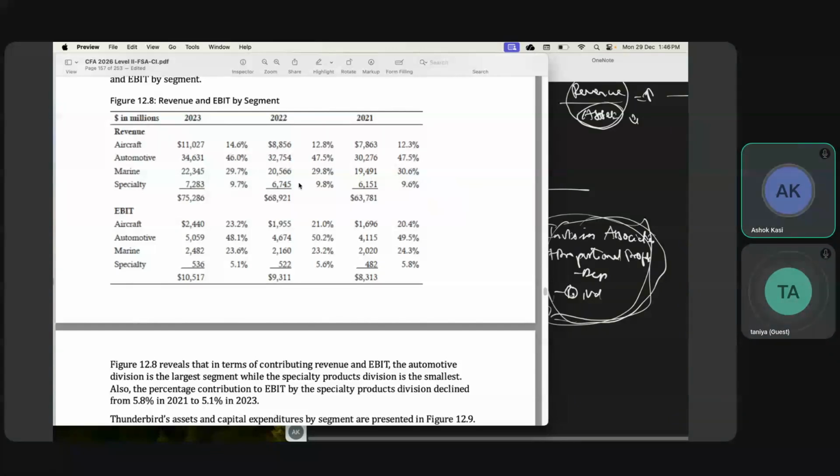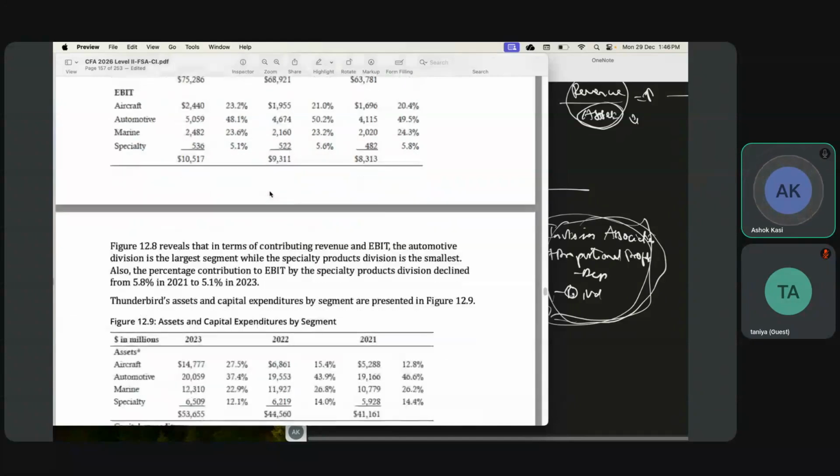Then this is 9.6, 9.8, 9.7, more or less the same. Similarly, EBIT is increasing. Aircraft EBIT is also increasing, and revenue from aircraft is increasing. So like this, segment-wise also we need to study. There are so many details when we want to analyze a company. Okay.